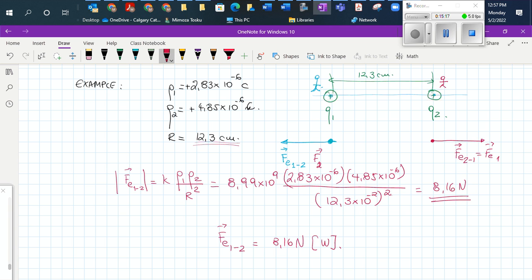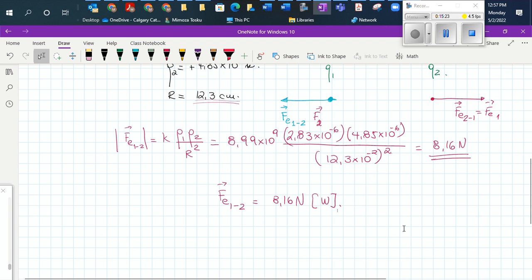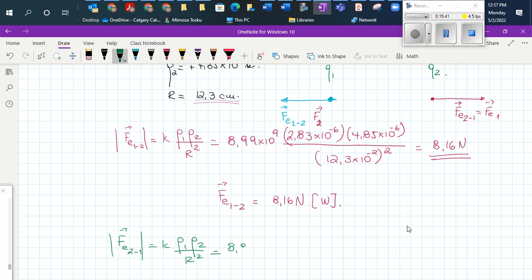Even if you are calculating the magnitude of the force that charge 2 is experiencing as a result of the presence of 1, you should have the same value, because 2 as a result of 1 will be k q1 q2 over r squared, and they are the same thing. So 8.99 times 10 to the power of 9, times 2.83 times 10 to the power of negative 6, times 4.85 times 10 to the power of negative 6 over 12.3 times 10 to the power of negative 2, the whole thing to the power of 2.